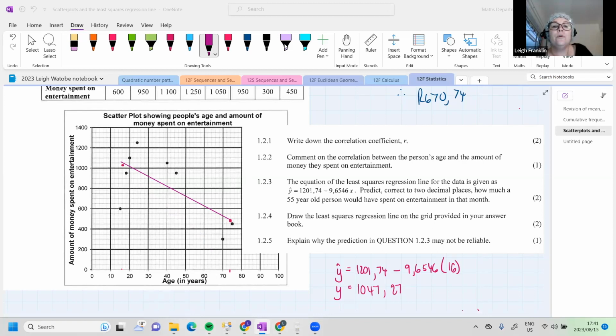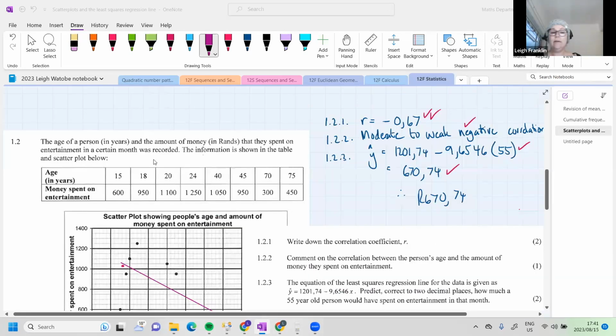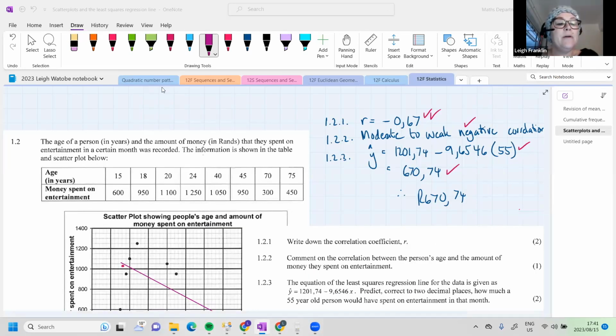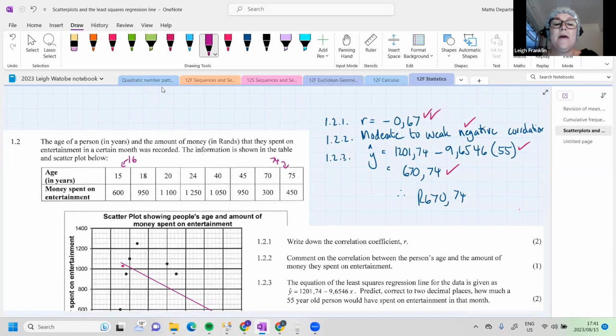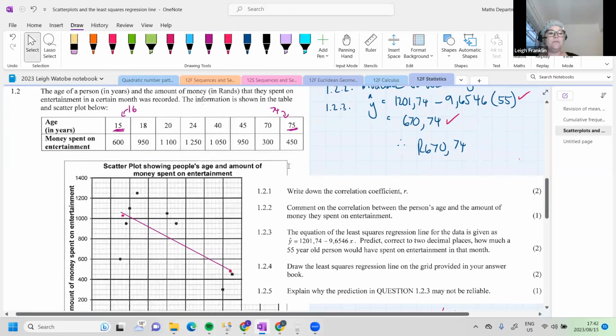So, 16 is just bigger than our minimum, and 74 is just smaller than our maximum. So we don't want to go smaller than 15 or bigger than 75. We need to be in between these. So that's why I used 16 and 74.